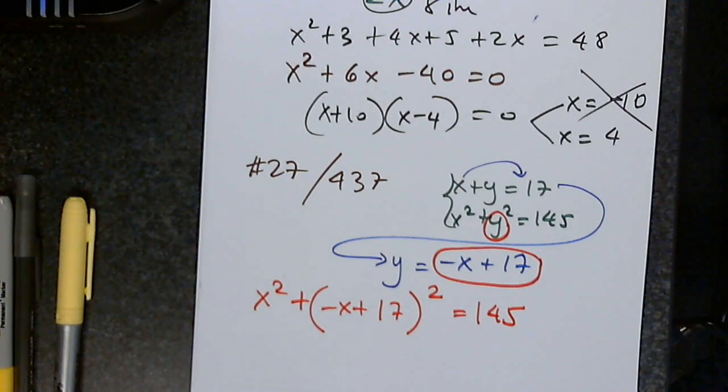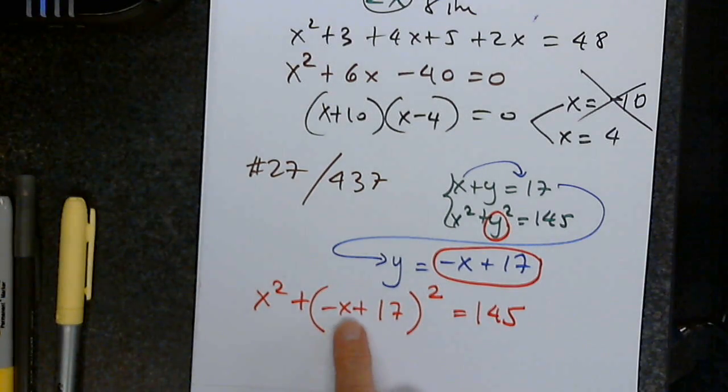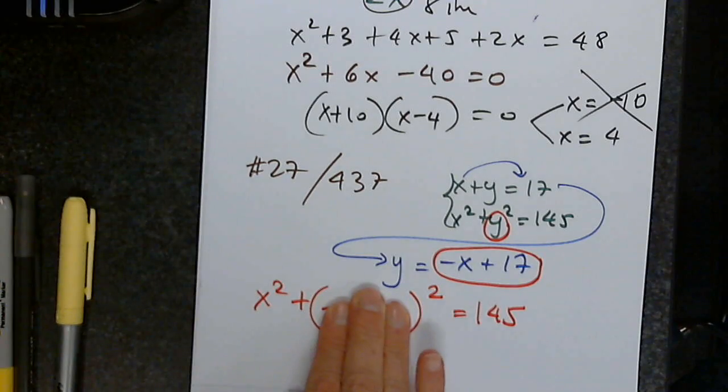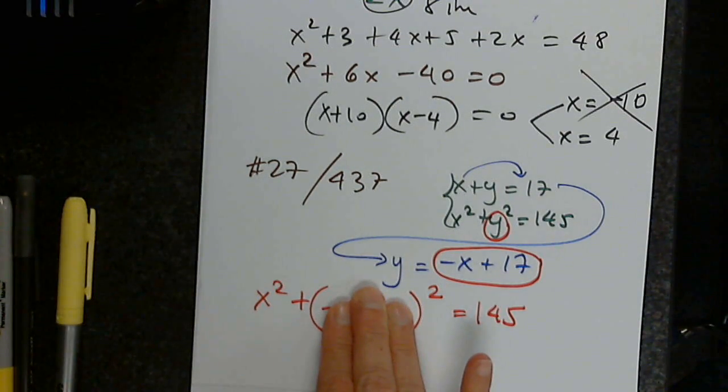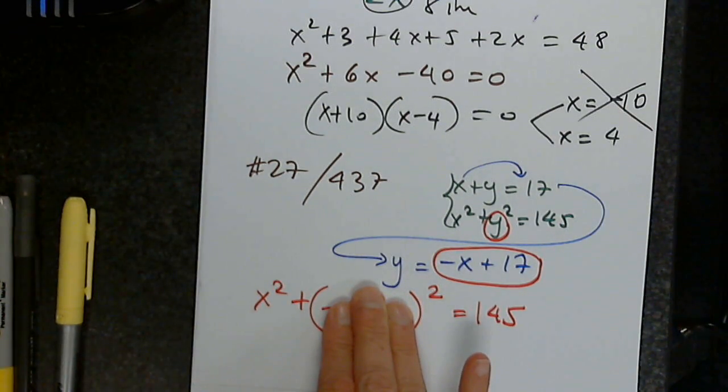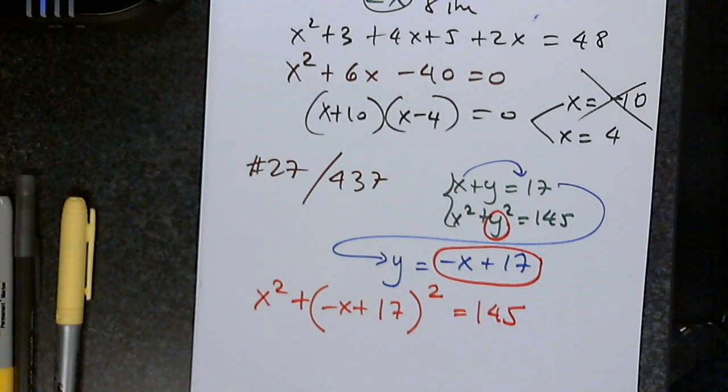Good. Let's work on this. By the way, what is this called? A binomial. When I square a binomial, how many terms do I get? Not ever 2, but 3. So please square, combine like terms, move 145, and give me the equation. The next step, please.